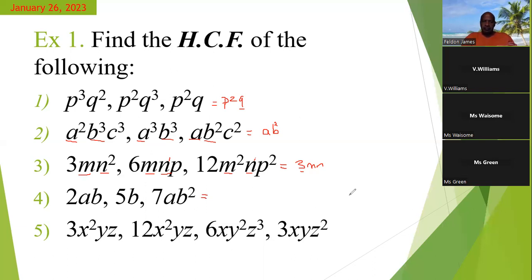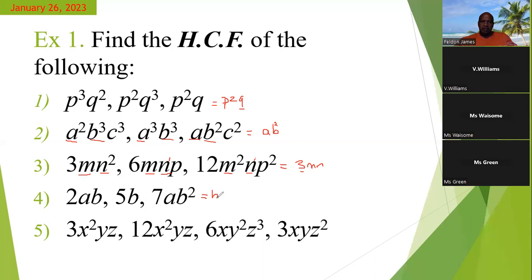So when I look at it, I am seeing that B is common in all 3, but the lowest power is just B. So 7, 5, 2, and 7, there's no number that can divide all three numbers. So I think the answer is just B.